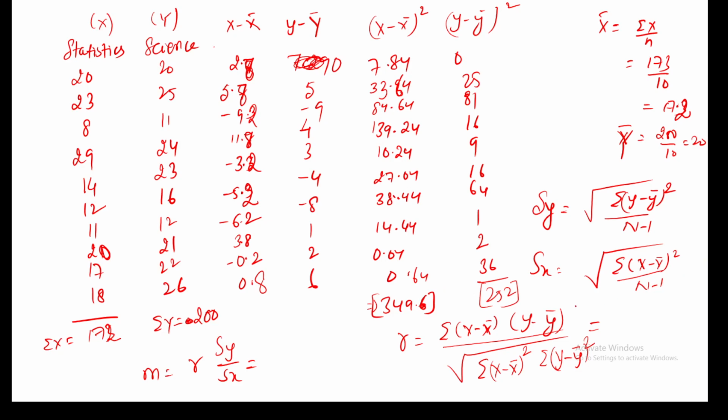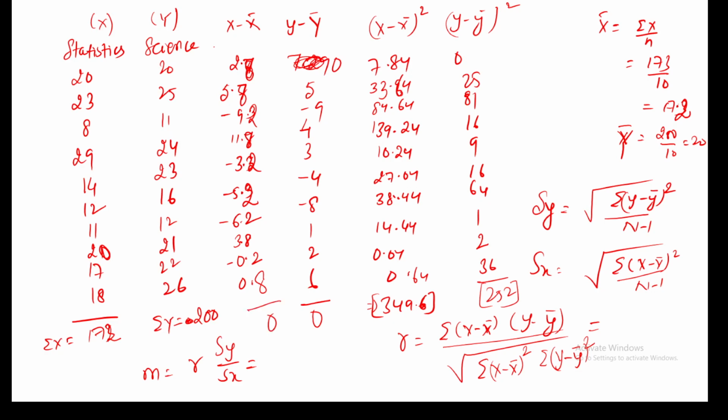Now we can calculate this one also. x minus x bar, y minus y bar. Y minus y bar will be having 0. We should get y minus y bar, and then x minus x bar should be 0.